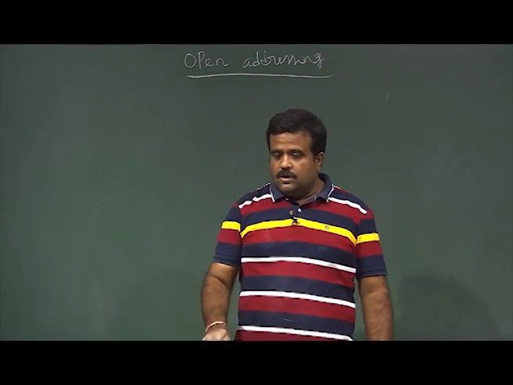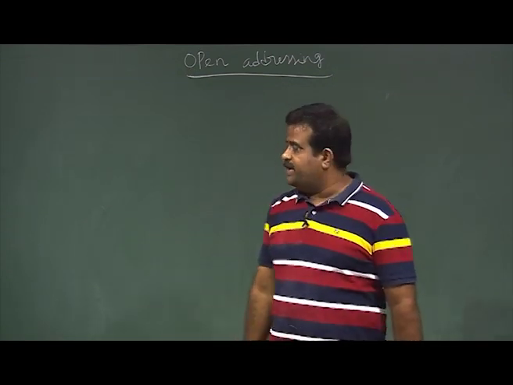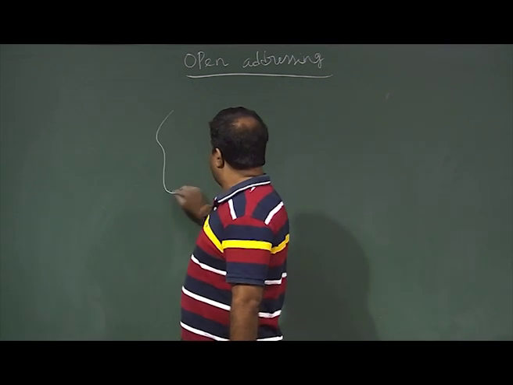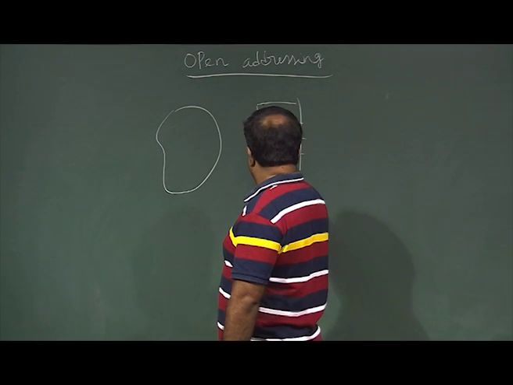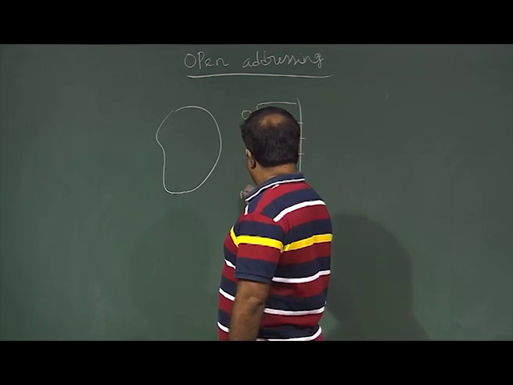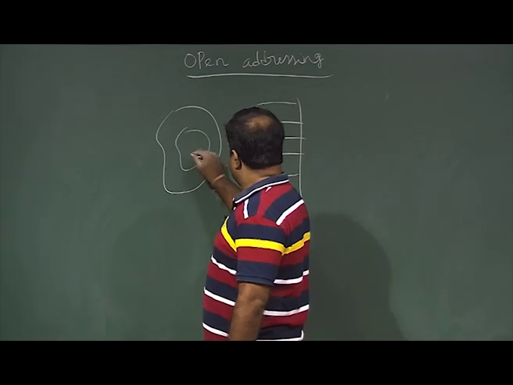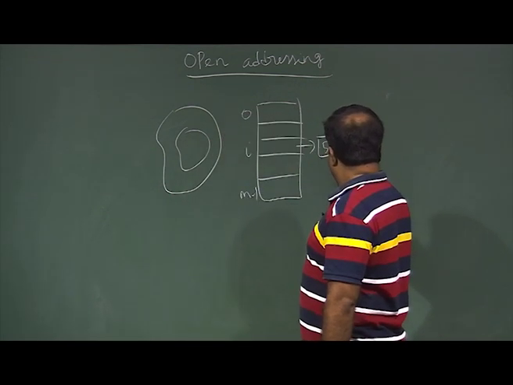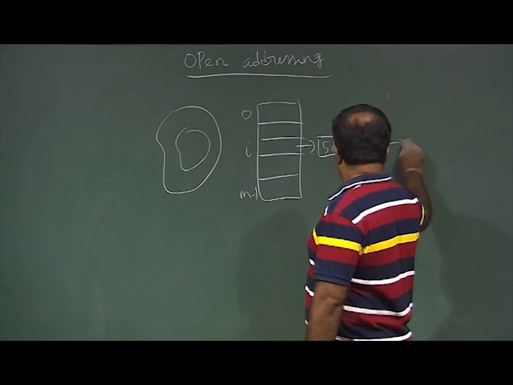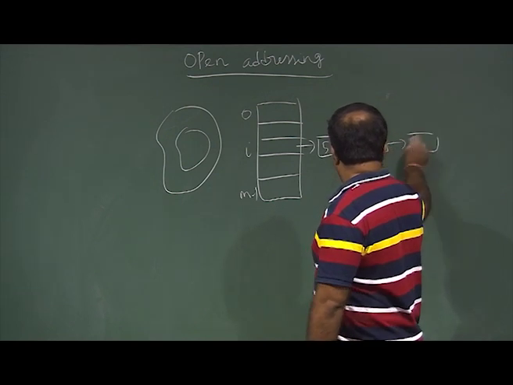In chaining, if we have these slots 0 to m minus 1, and some keys are colliding in a slot, then we have a chain, say 52, 75, 62.